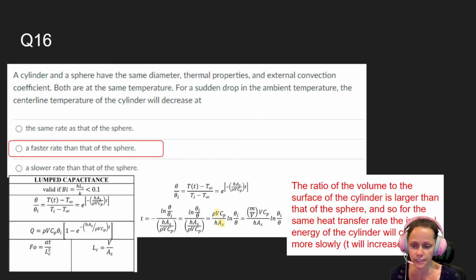If I solve for T and look at the ratio of volume to surface area, because that's really what would be different between a cylinder and a sphere, that ratio of volume to surface area is larger for a cylinder than for a sphere. And so the time is going to increase. The heat transfer rate is going to be lower, right? So you're going to be looking at a higher T for that.